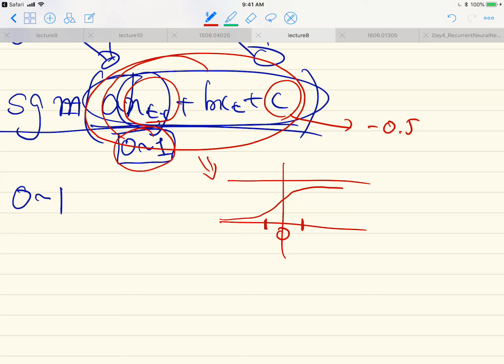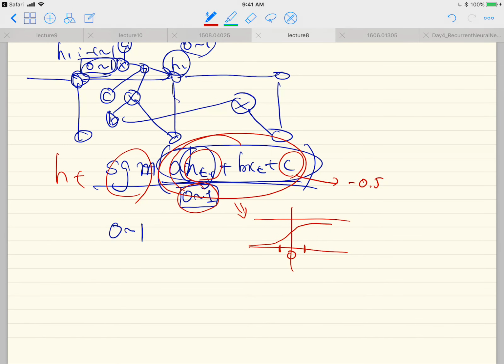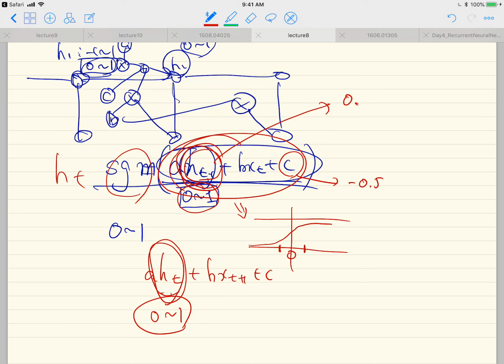But this will also be mapped into some sigmoid value, and this is H_t, and H_t will be further multiplied with this, right? Suppose this one also had a range of 0 to 1, but the actual range was like 0.2 to 0.5.